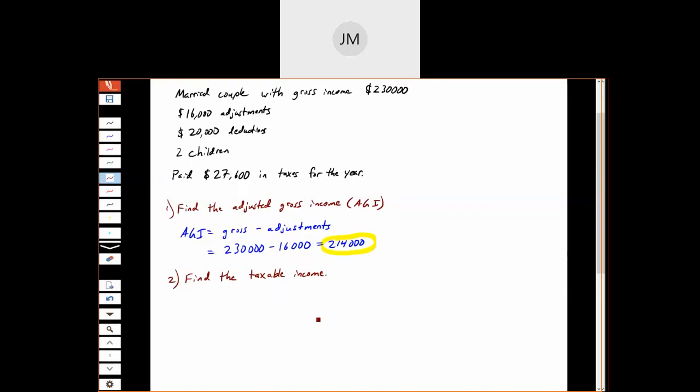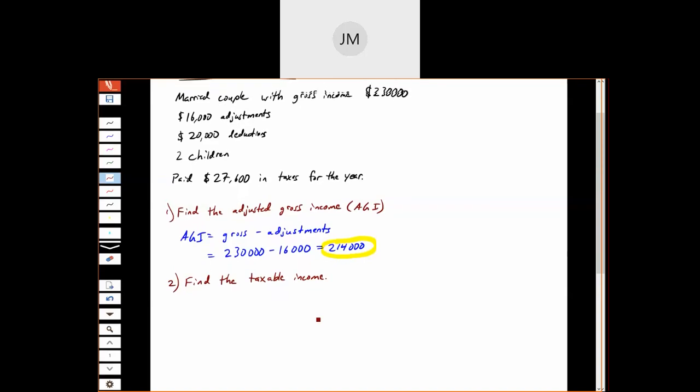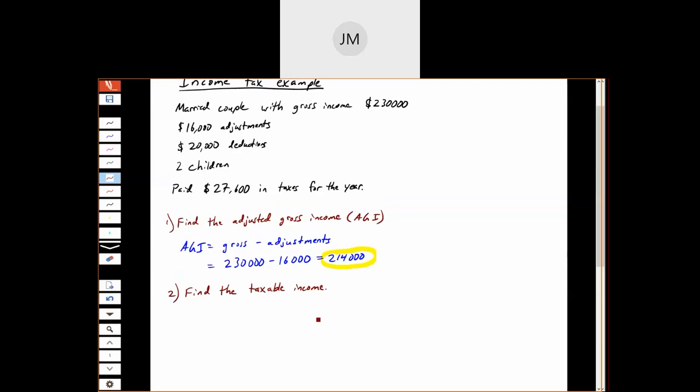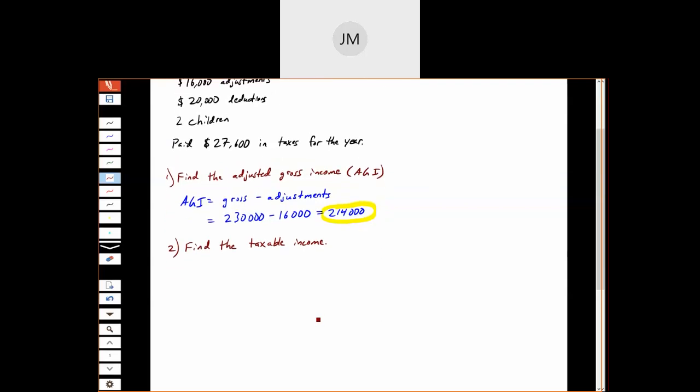An exemption is just a flat amount of money per person. So you have a married couple, 2 children, that's 4 people. So you take the exemption times 4 and subtract that out. But I'm not going to write that. That's not in the tax code right now. So until the tax law changes and they bring that back, I guess it's a moot point.